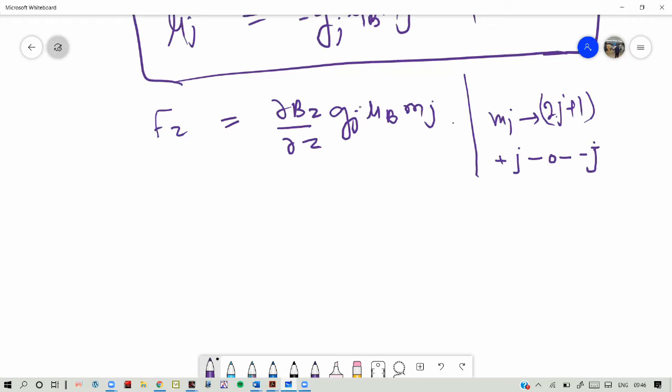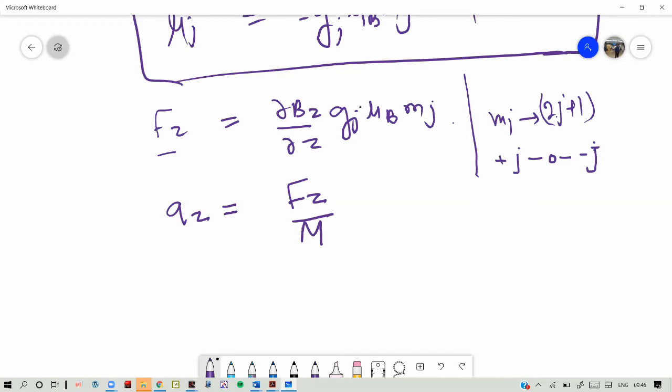Now the force Fz is acting along the z direction on this particular charged particle. So the charged particle will be accelerated, and the acceleration will be Fz by m, where m is the mass of the atom.